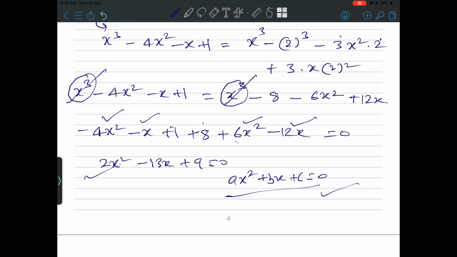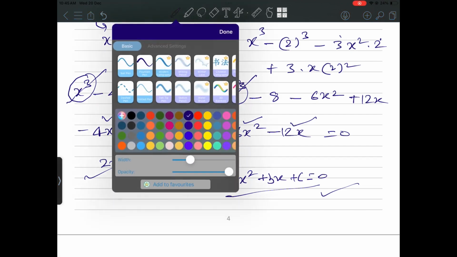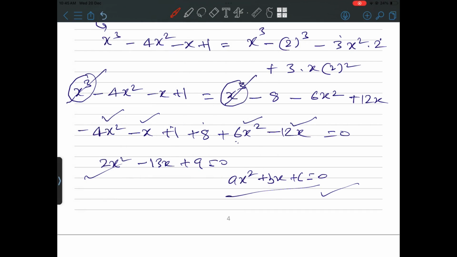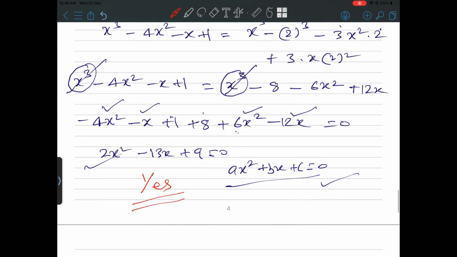So don't assume just by seeing the face of the question, that it has some power of cube or something else, and say no, it's not quadratic. You should always solve it completely till the last and try to find out whether this conforms to the form of a quadratic.